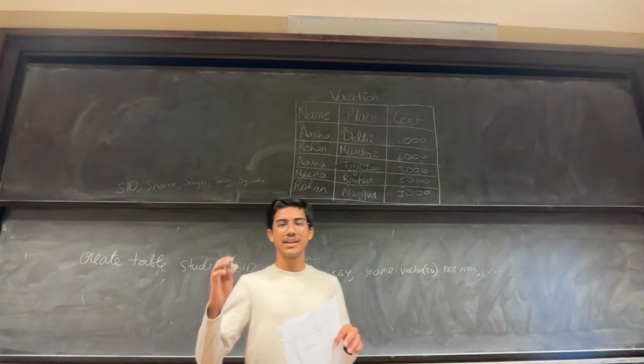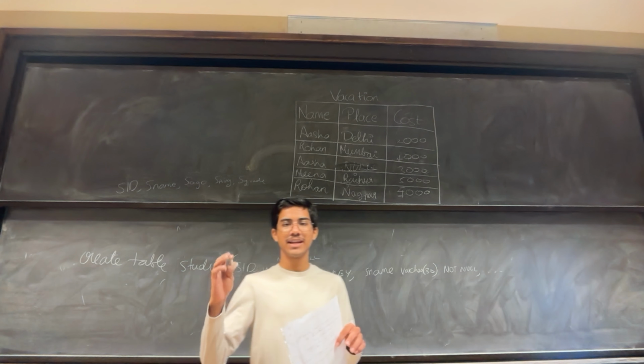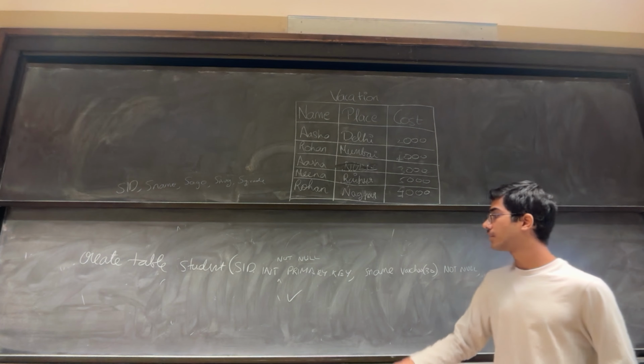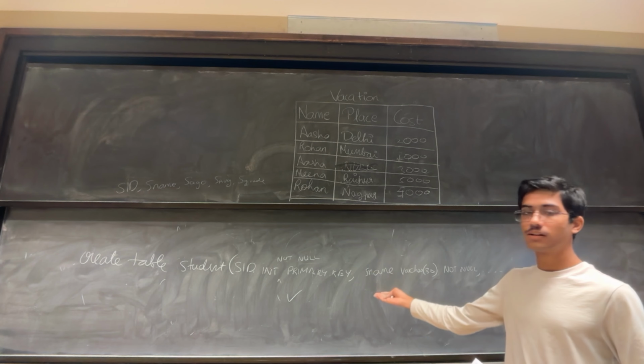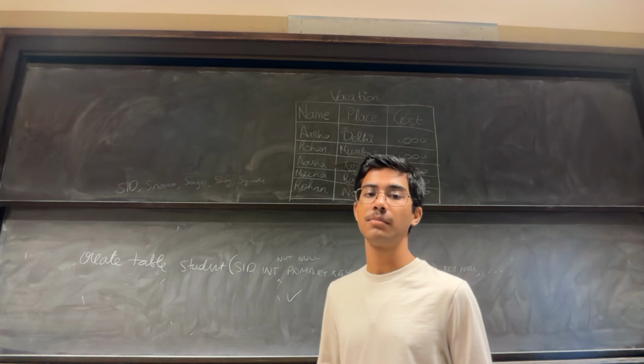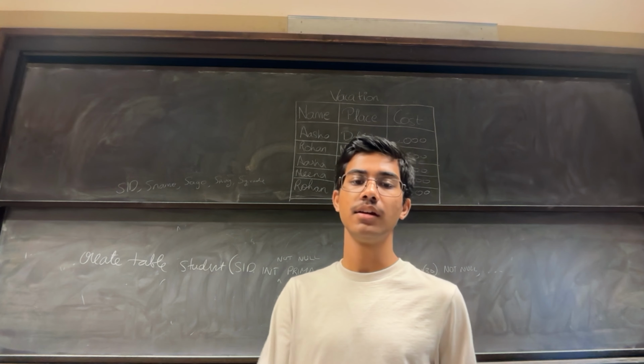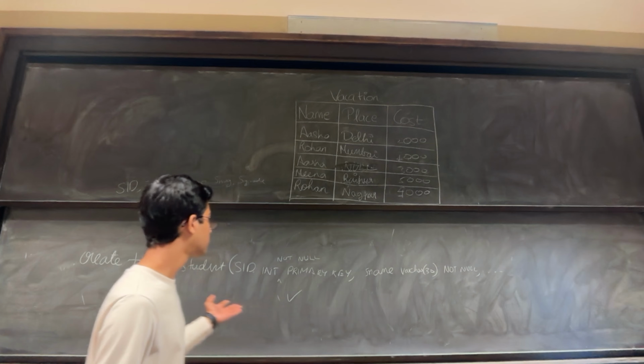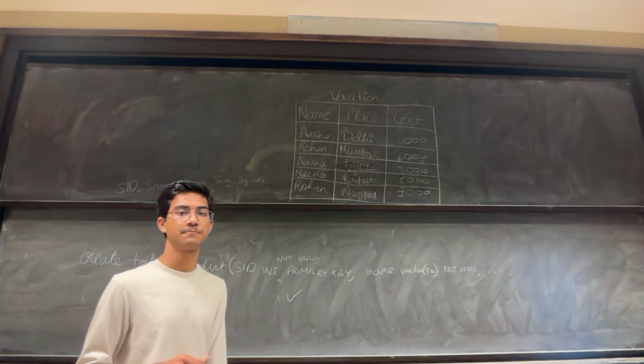Yes, you can combine multiple constraints together. That is perfectly valid. SQL allows you to do that, but it's your preference when declaring a primary key whether to write not null primary key or simply primary key. SQL accepts both. If you want it for clarity purposes, you can write not null primary key.